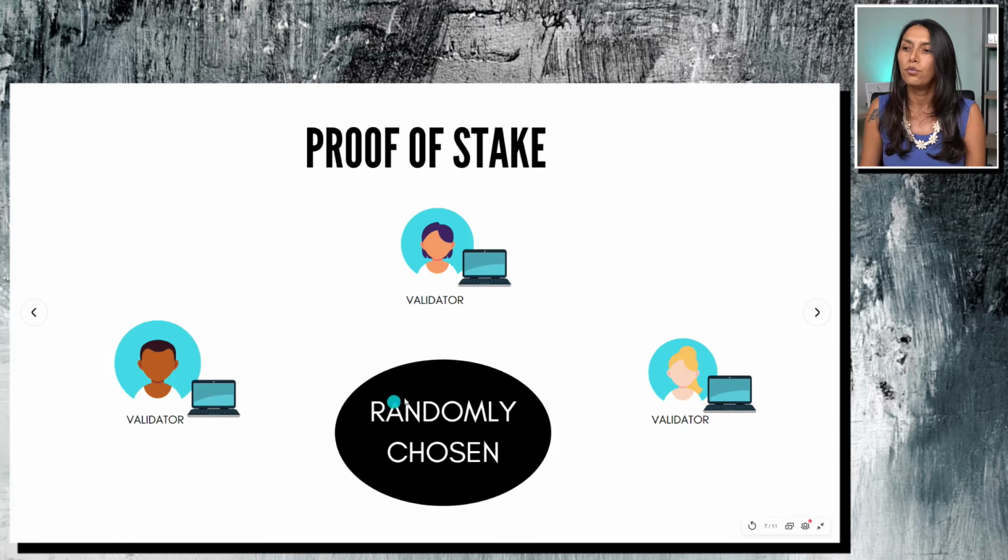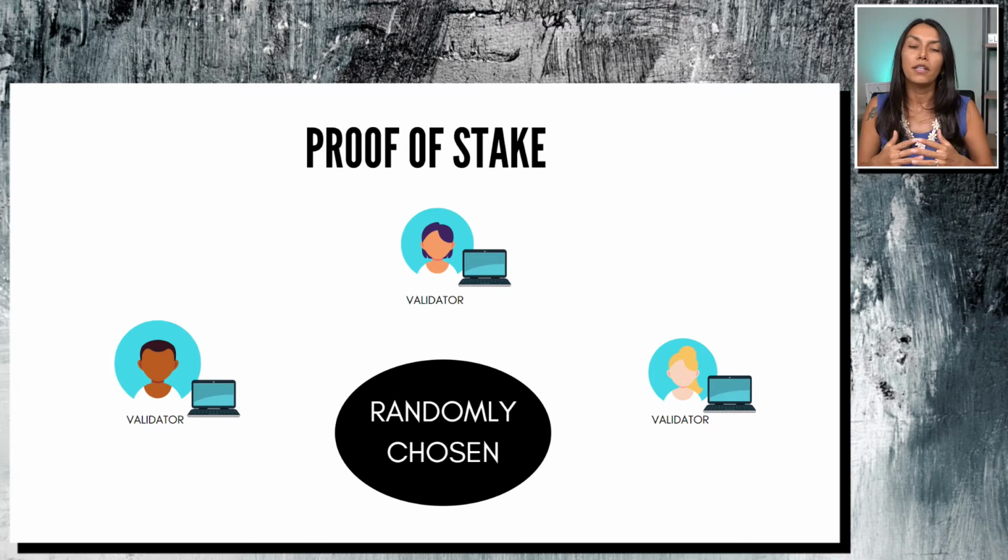When a transaction is made, there is a randomly chosen validator. The protocol randomly chooses someone that will validate the new block. For that, you don't need that much computer power because you don't need to compete to solve a problem.